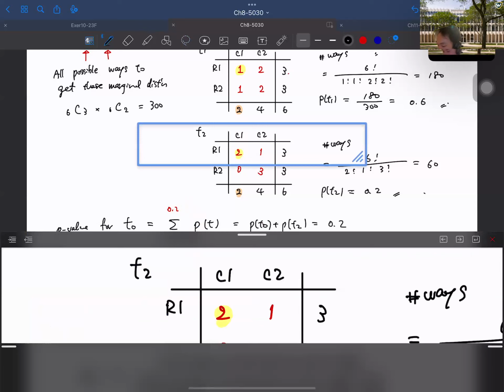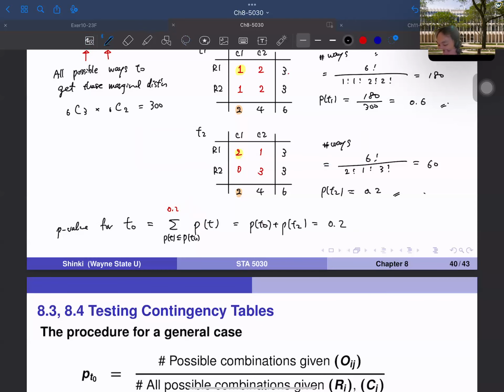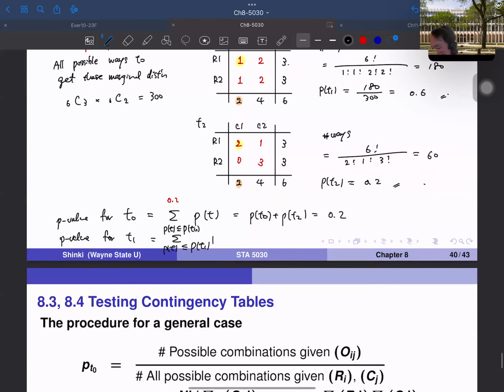Sorry. You can also calculate, for example, the p-value for table 1, T1. Then the summation of P of t less than or equal to P of t1, but the P of t1 is 0.6. So basically, we add up everything.